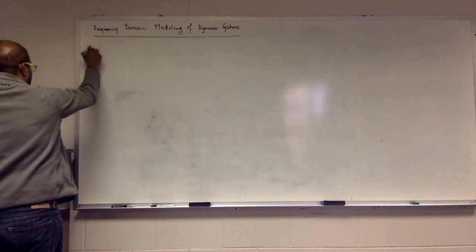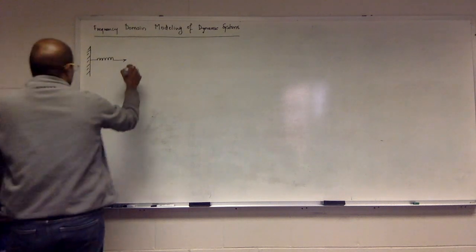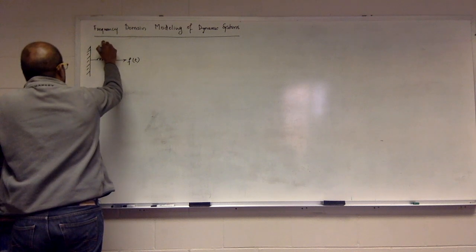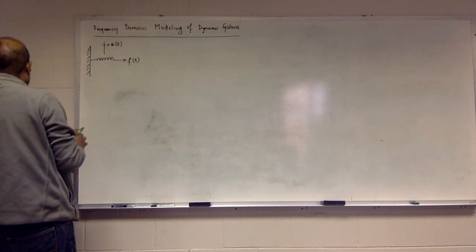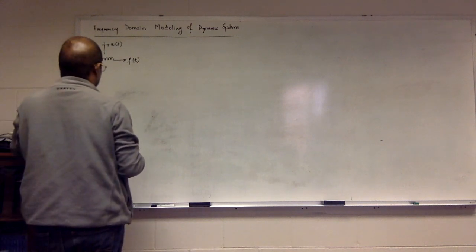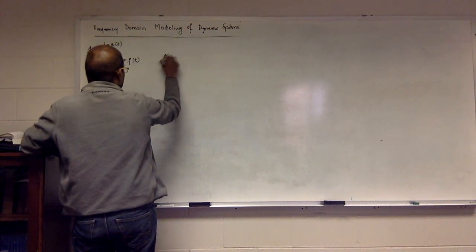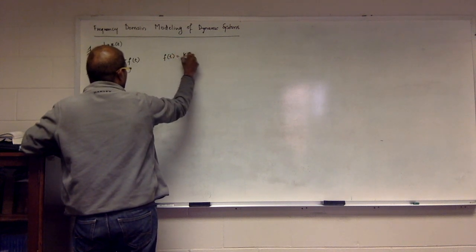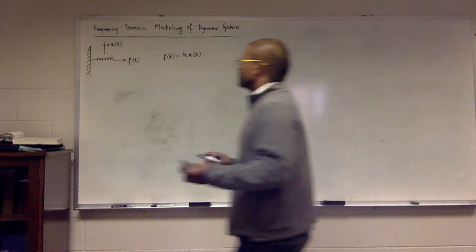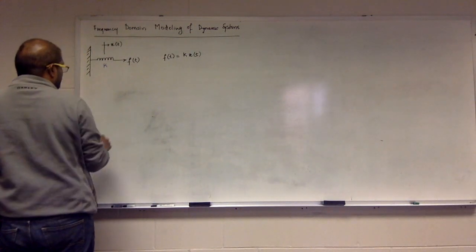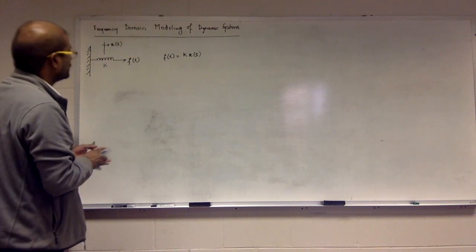If you have a spring, and you apply a force here, and you look at the displacement, what you basically know is f of t is simply equal to k into x of t. k is the spring constant. This is the input. This is the output.